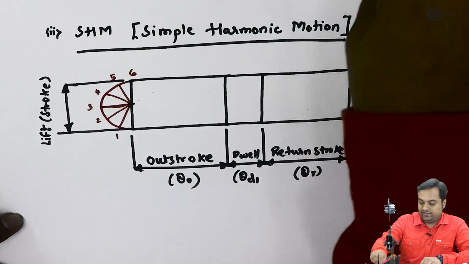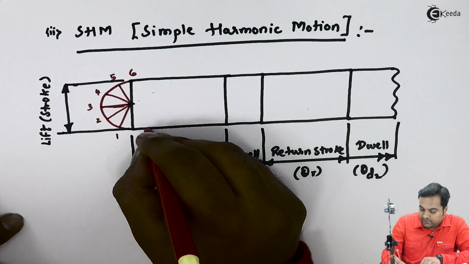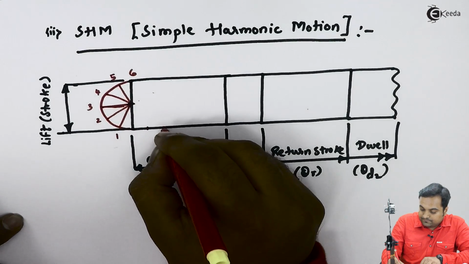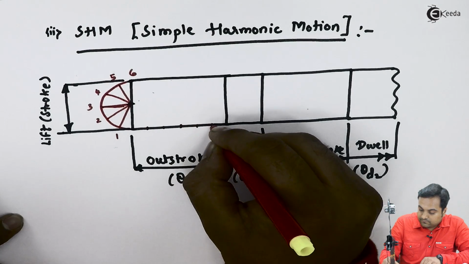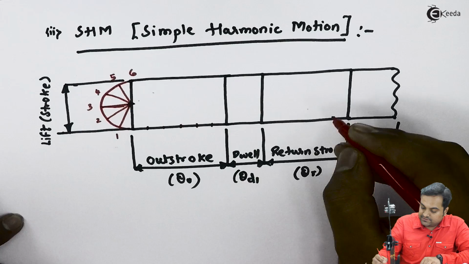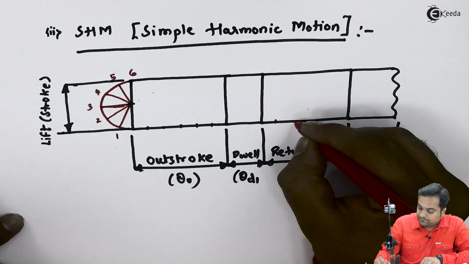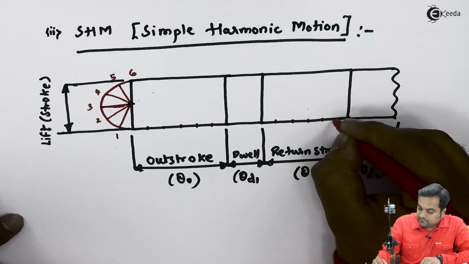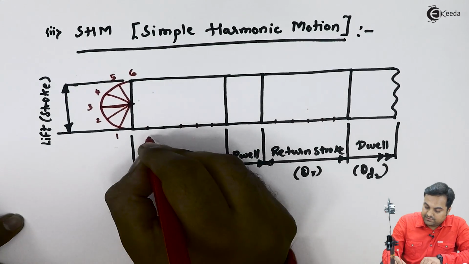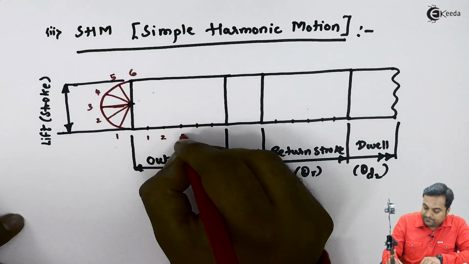After that, we divide the outstroke into 6 equal parts, and the return stroke also into 6 equal parts. I will write the naming here.